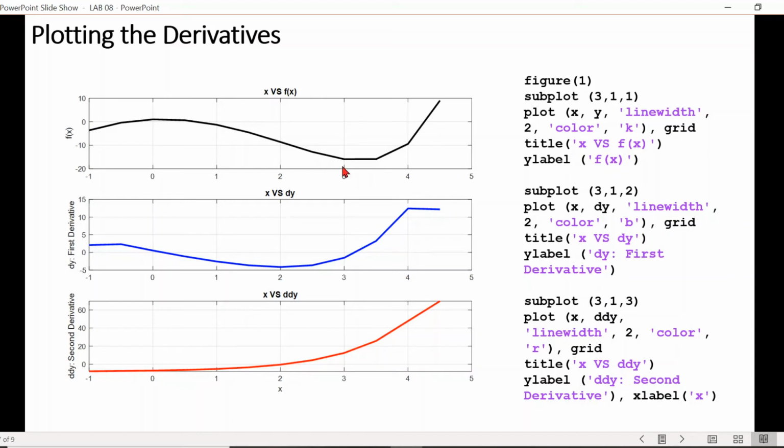Since there are 3 plots altogether, by the brackets of this plot command, we mention the position of the plot. For example, 3 refers to the total number of plots, then 1 refers to the figure number, which is 1, and the next one actually is the plot itself.